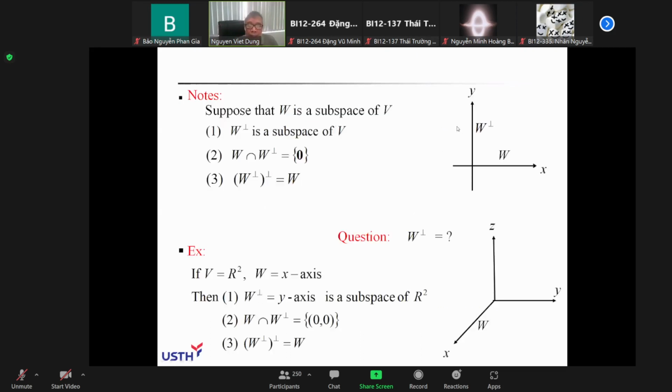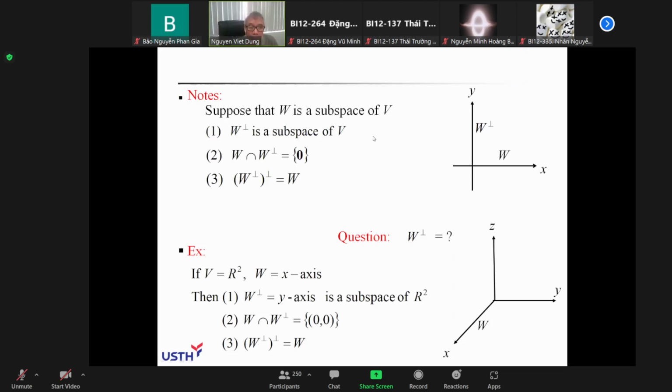And here are some examples for you. If you consider the coordinate plane like that, and you consider W is the x-axis, the W perpendicular will be the y-axis like that.